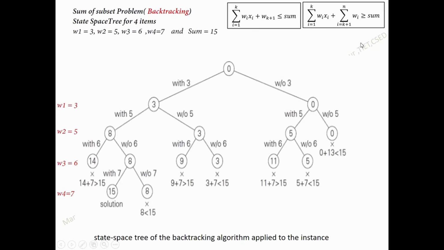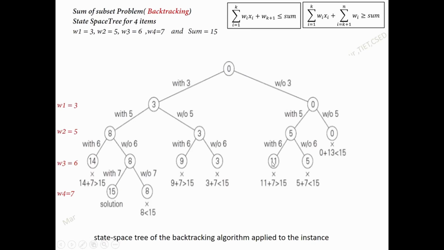Now considering the second constraint: if the sum of weight values till this level of the node, plus the immediate next weight after this level, which is 7, should be less than or equal to 15.